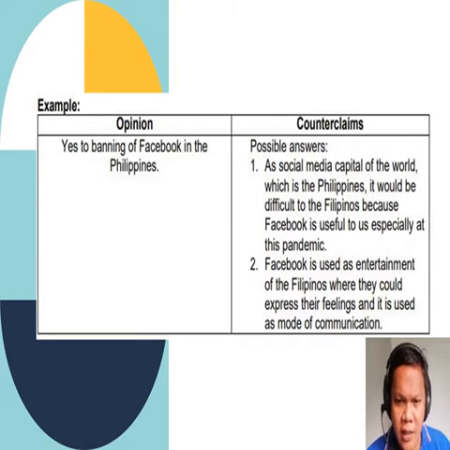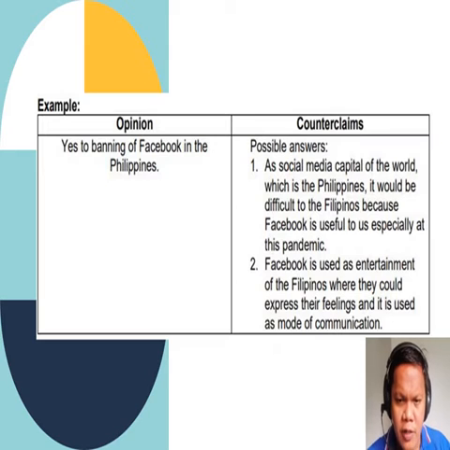Facebook is one of our ways to have leisure and to ease the homesickness that we experience during the pandemic. That is why the counterclaim here explains the usefulness of Facebook. As a counterclaim writer, it suggests that it is not possible to ban Facebook in our country because of its usefulness.